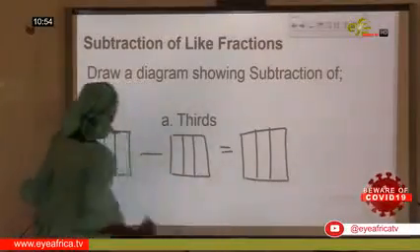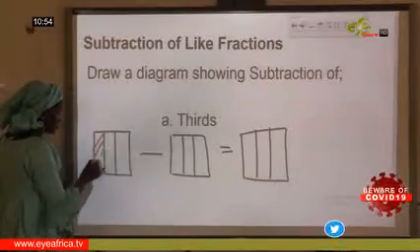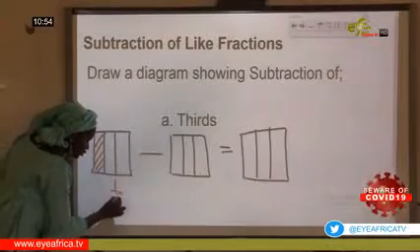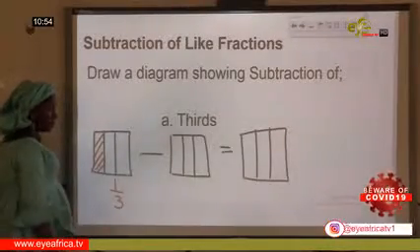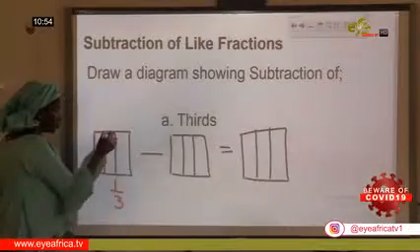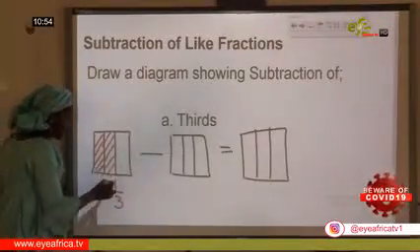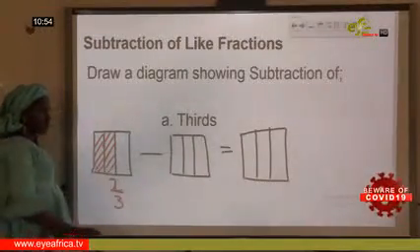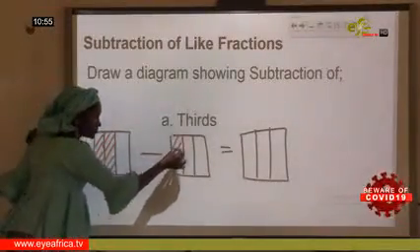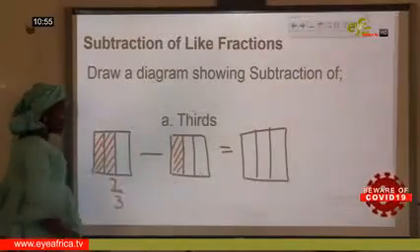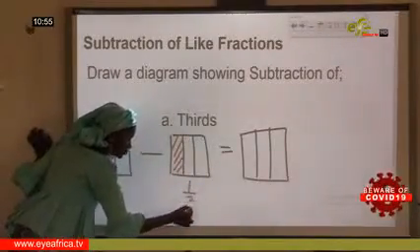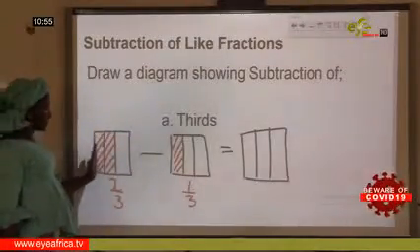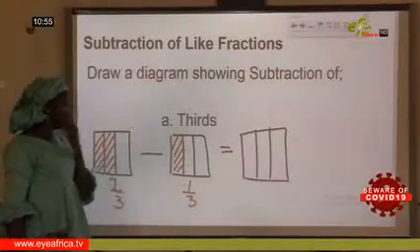Now this is a diagram. If we say 1/3, we say one part of it, which is represented as 1/3, minus, or 2 parts, because we are doing subtraction. This is 2/3 minus 1/3. 2 portions are shaded and here it is only 1.